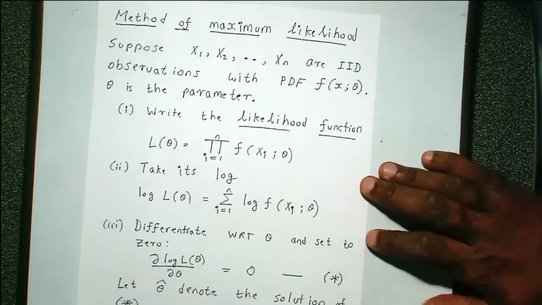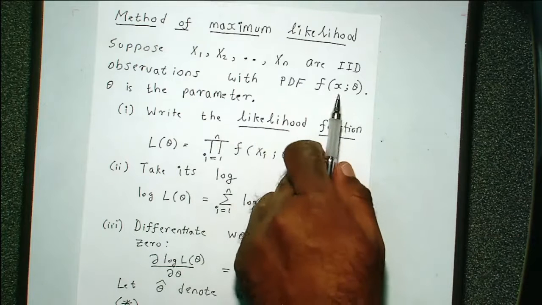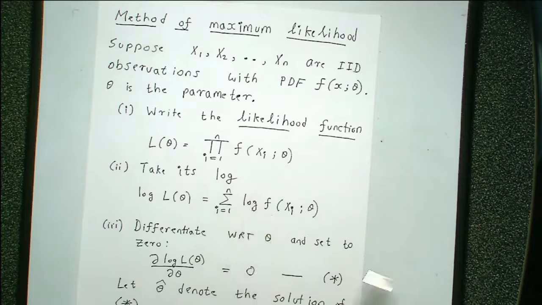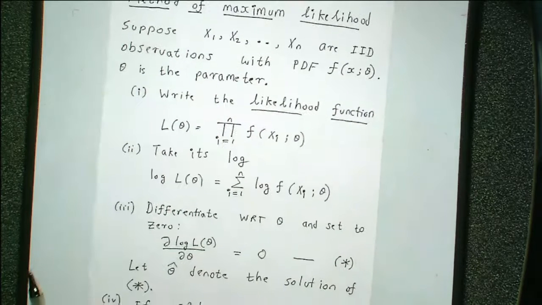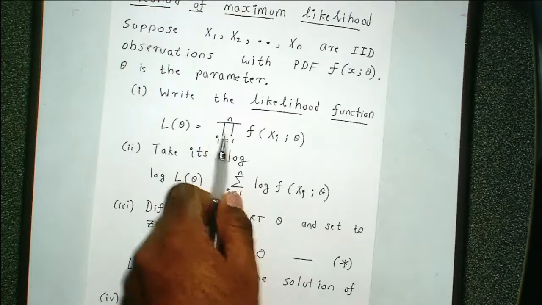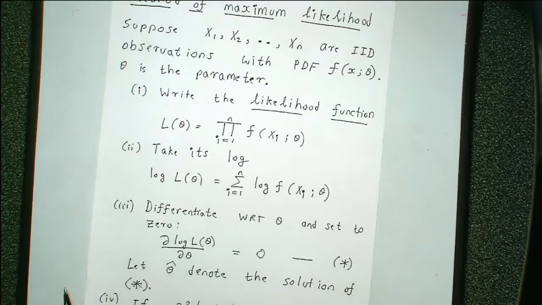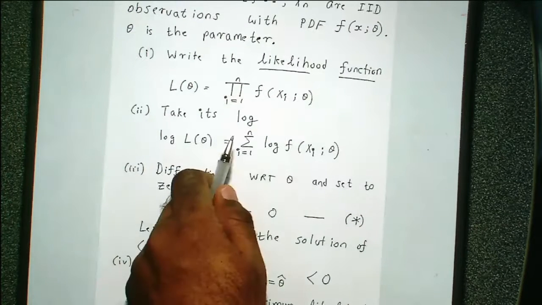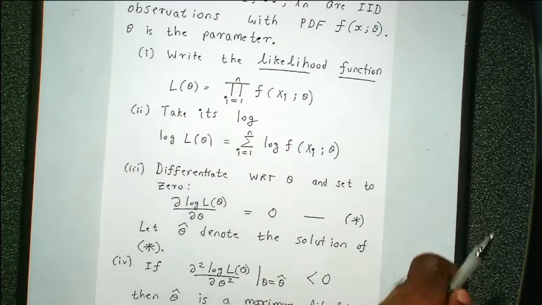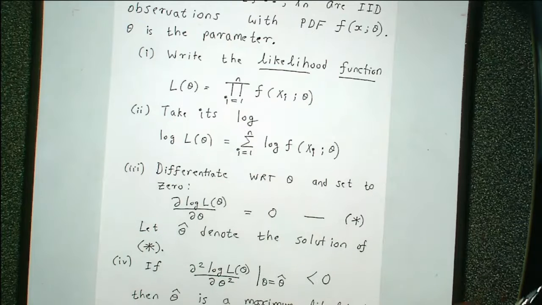If you have a random sample from a PDF f(x) with parameter theta, this is the procedure to follow in order to find the maximum likelihood estimator. It's a 4-step procedure. The first step is to write down the likelihood function, which is the product of the density functions. The second step is to take the log of the likelihood function, so the log of the product becomes the sum of the logs.